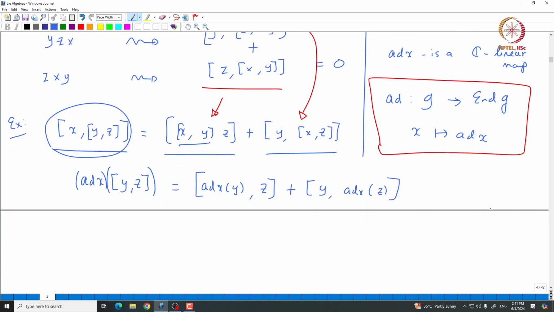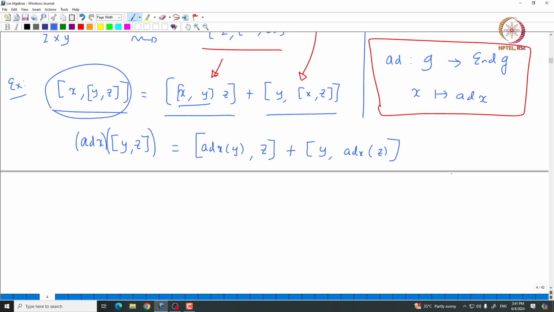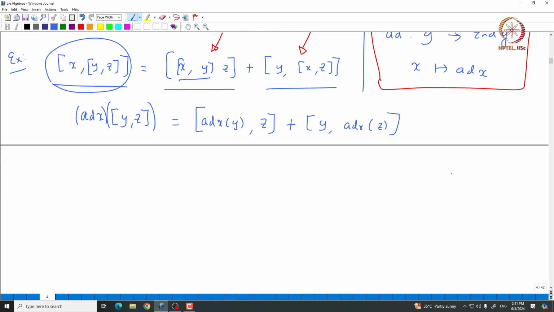And you may wonder what the advantage of rewriting like this is. If you broadly think of this Lie bracket as a multiplication defined on the vector space, multiplication by definition is just a C bilinear map from G cross G to G. So then you can see that ad x is nothing but a derivation on this Lie algebra G. So basically ad x of the bracket yz satisfies what is called the Leibniz rule.